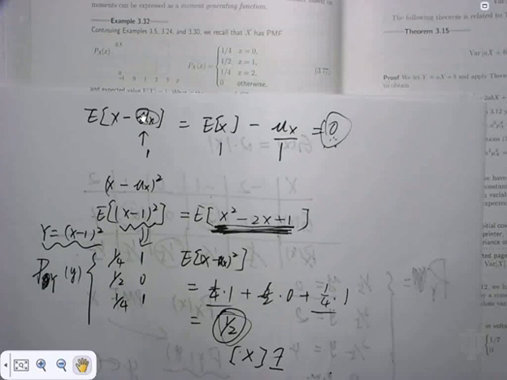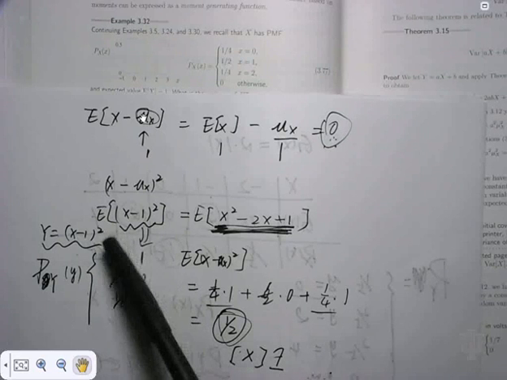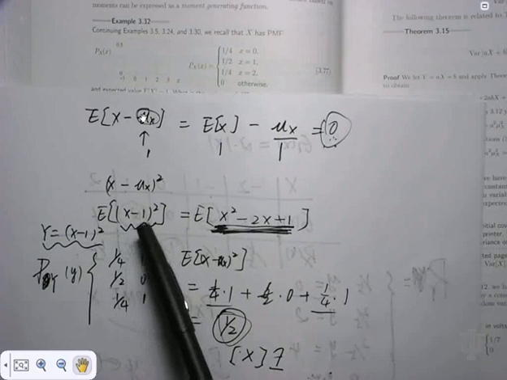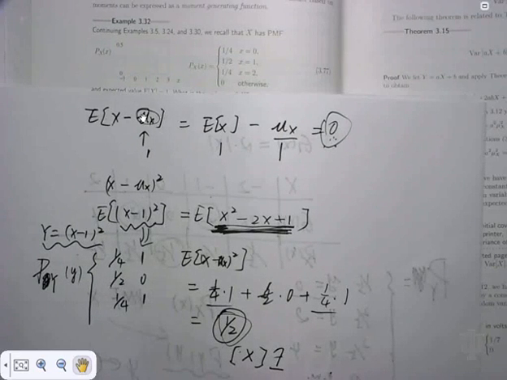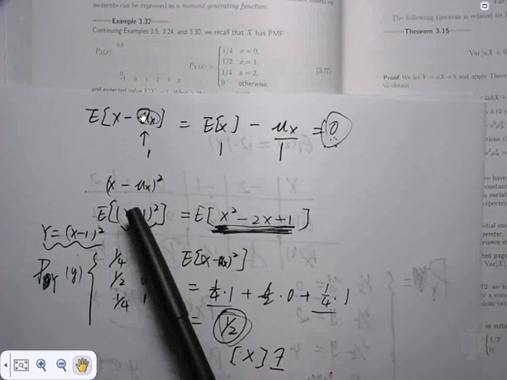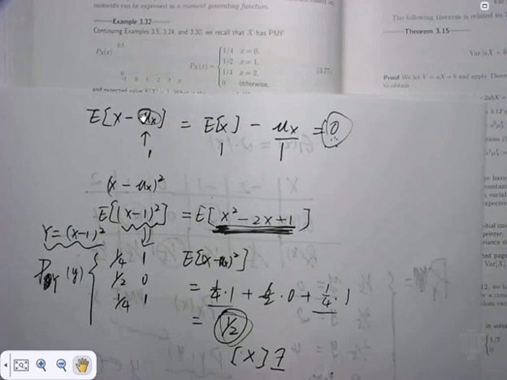Just as Dr. King said, if you really want your variance, which is the expected value of x minus mu x squared, to be 0, then your x has to be mu x, right? Each x is equal to the expected value. It's a constant, right? Absolutely, for a constant value, there's no variance, so variance is 0, right?